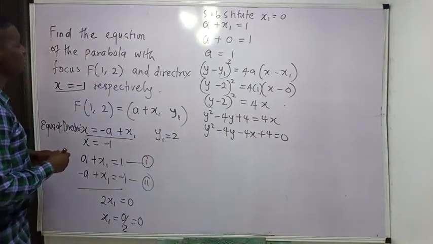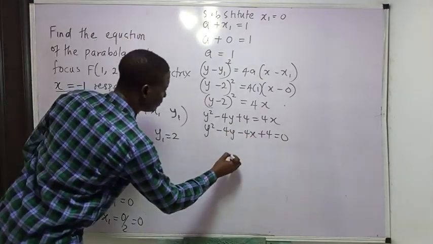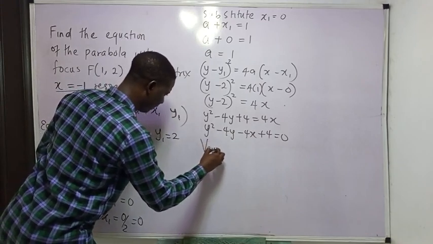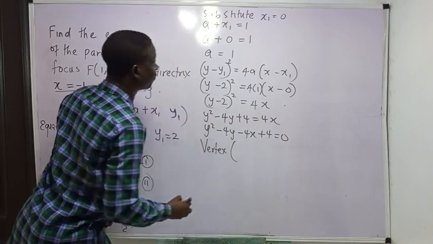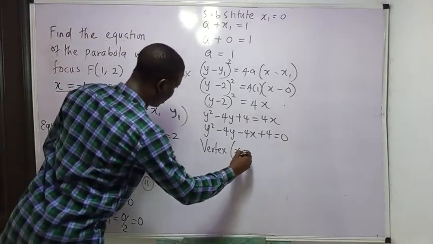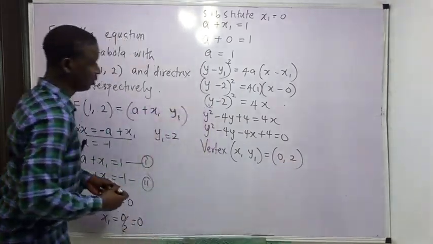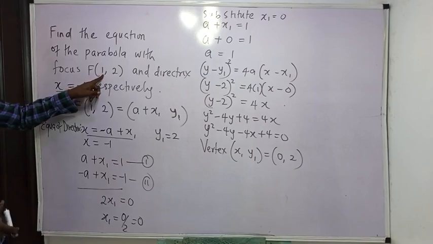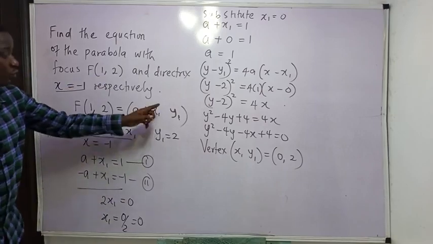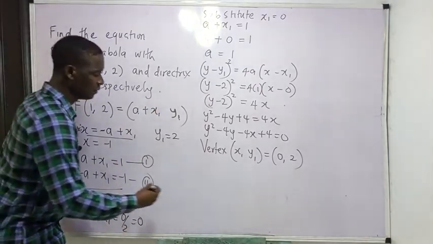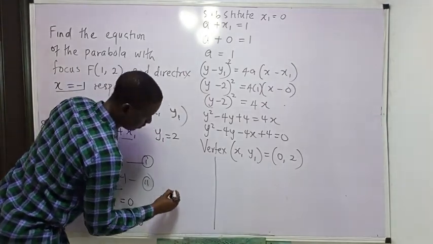That is our answer. But let me draw the diagram. First of all, the vertex becomes x1, y1, which is 0, 2. That is the vertex. And this is the focus. The vertex, because we saw x1 to be 0.